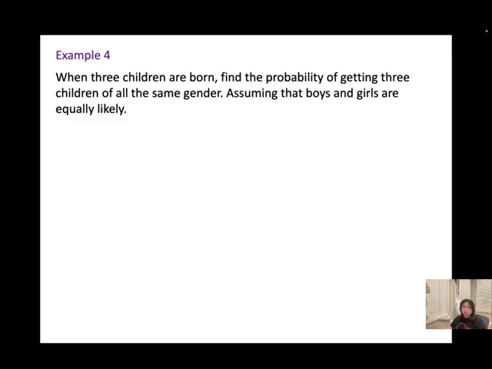So for example, I give you the first one. It can be boy, boy, boy. Or it can be boy first and then boy again and then girl. Or boy, girl, girl. Okay, try to write out all the combinations and then count how many of them are in the sample space.